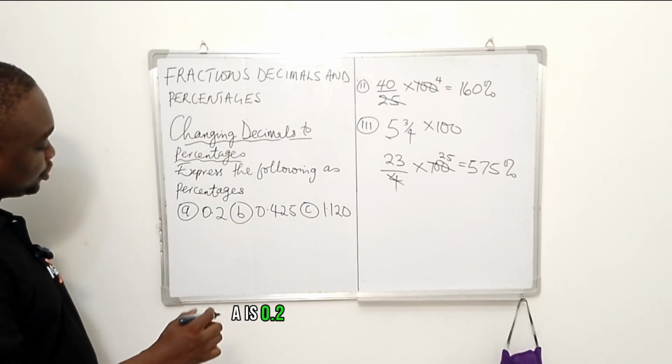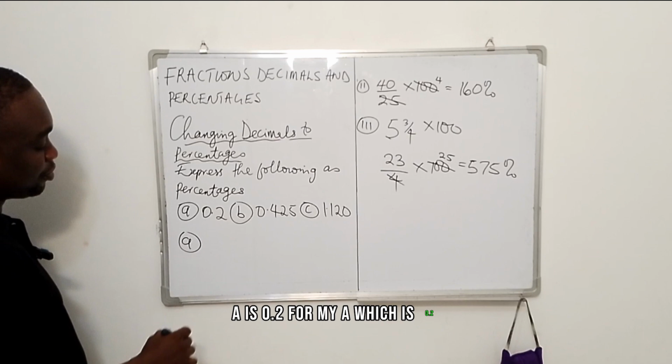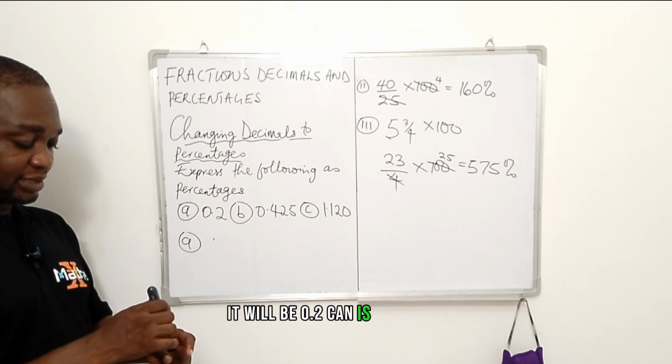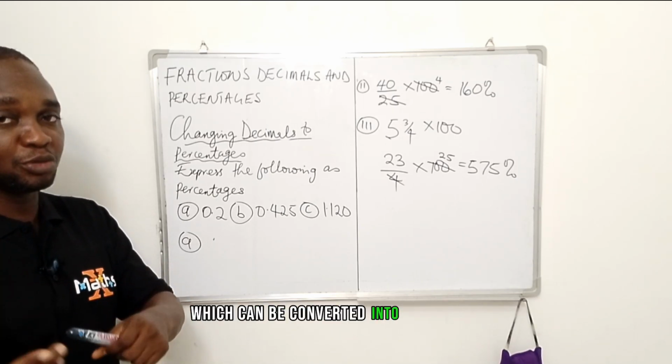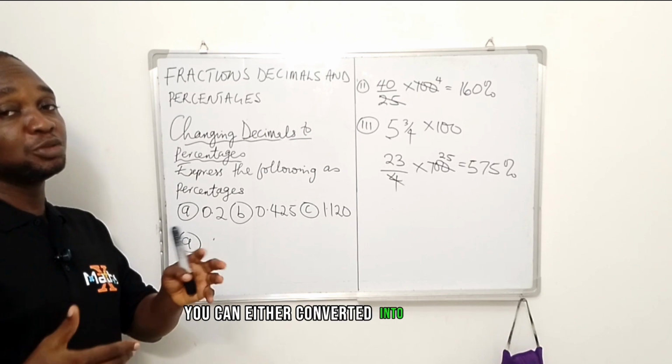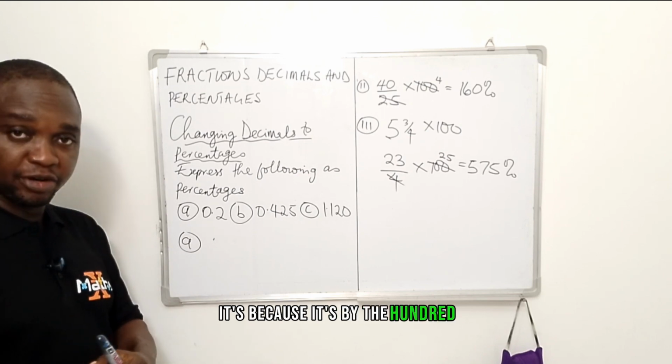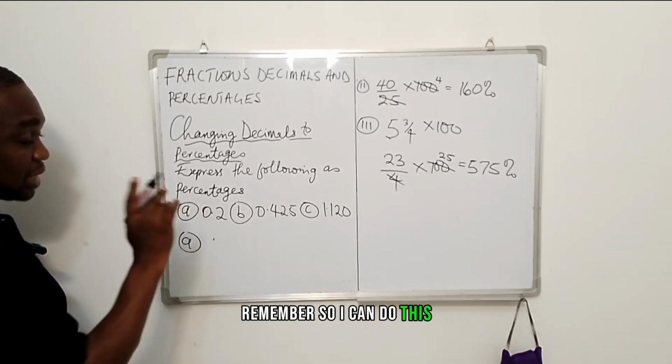A is 0.2. For my A, which is 0.2, it is a decimal which can be converted into a fraction. You can either convert it into a fraction or just go ahead and multiply because it's by the 100, remember. I'll show you in two ways.